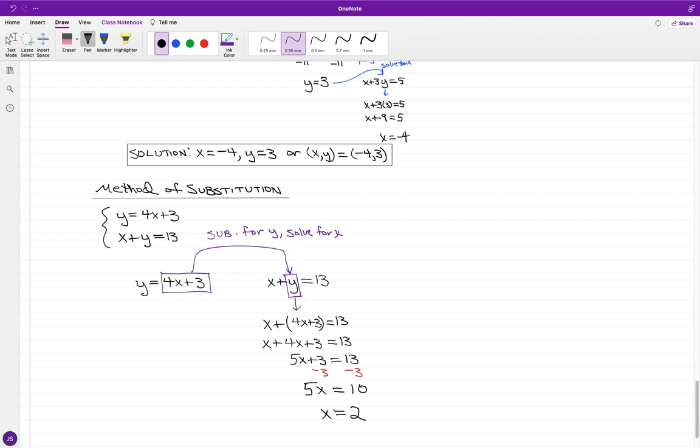With x determined, I can now determine what y is going to be, through plugging in 2 for x in either of these two equations. X is solved for, and now I have the capacity to solve for y. So plug in 2 for x and solve for y.